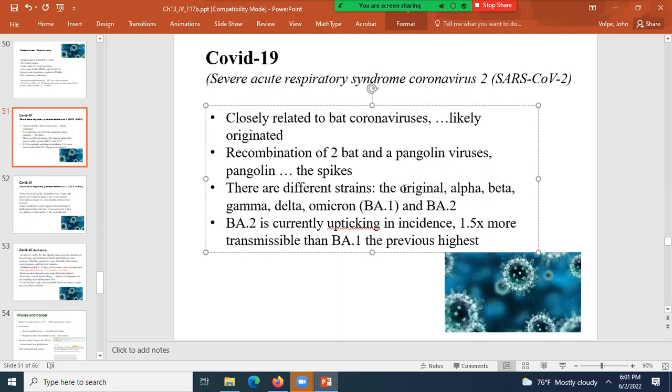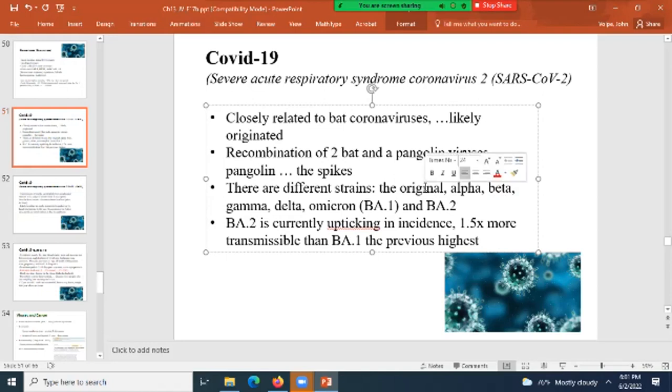I think the original was slightly more transmissible than the flu. And as you know, the flu can very easily spread from person to person. BA2 is much more transmissible than the flu. And I'm talking something like 20% more transmissible than the flu.